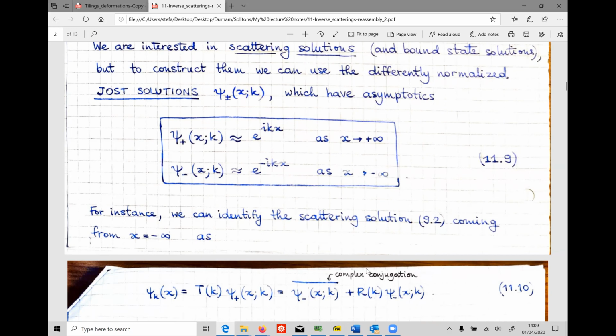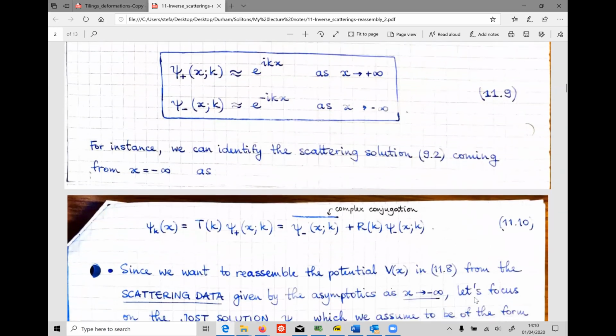And the second term, which is multiplied by the reflection coefficient, goes like exponential of minus ikx, and these are the reflected waves. So we see from this formula that from the Jost solution, we can reconstruct the full scattering solution psi k. And in fact, the Schrödinger equation essentially guarantees that the two expressions agree, although I'm not showing this now.